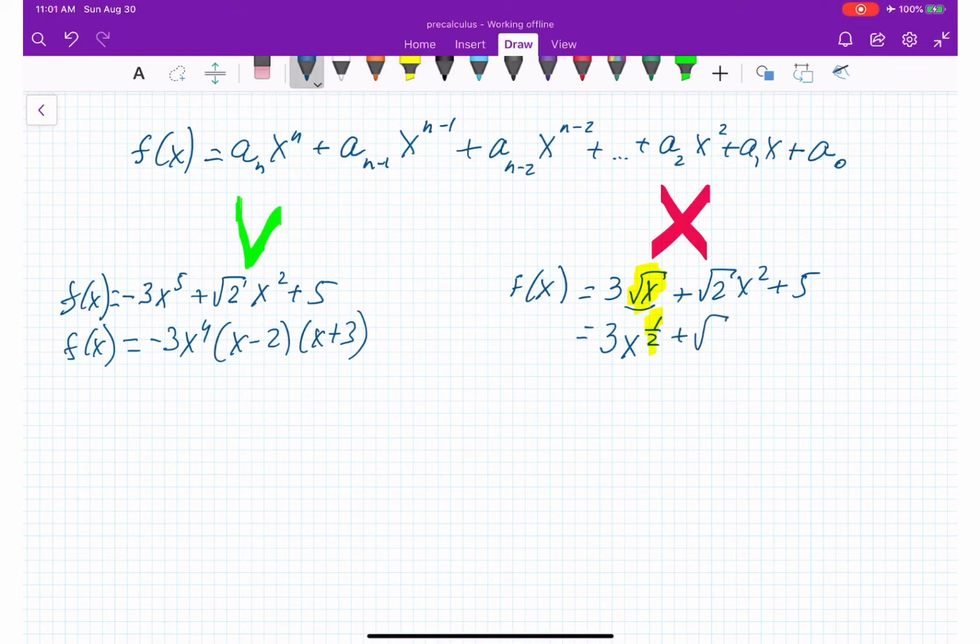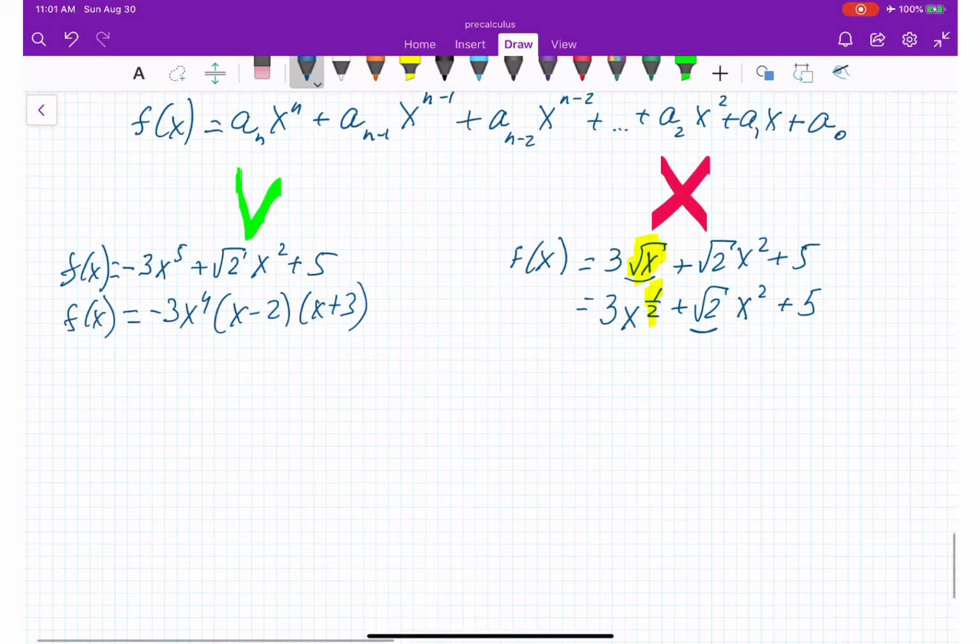The rest we can accept. It doesn't matter that the coefficient is under a square root. As long as x is not under a square root or radical or fractional exponent, we accept it. But since we have an exponent in the form of a fraction, we cannot accept it as a polynomial.